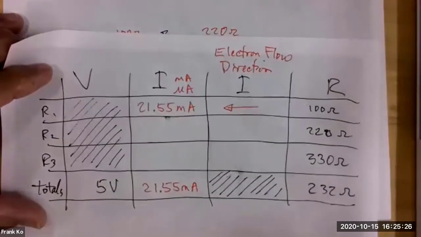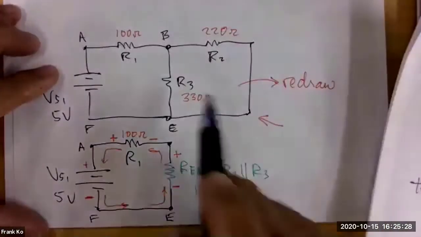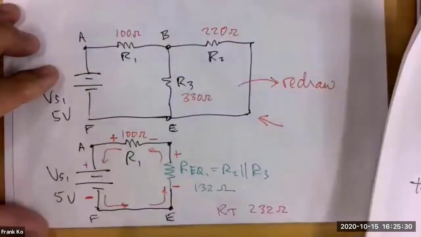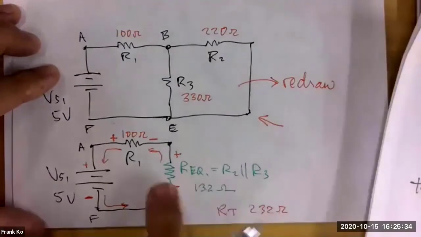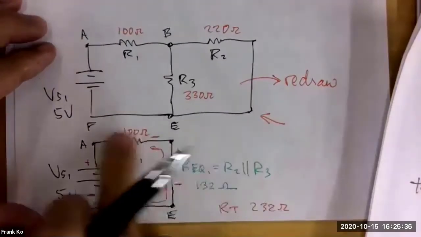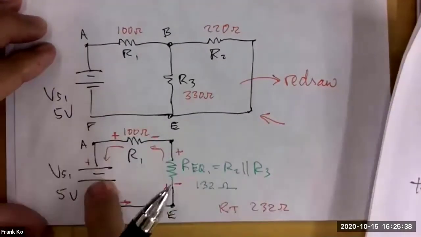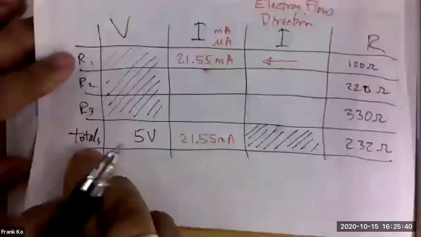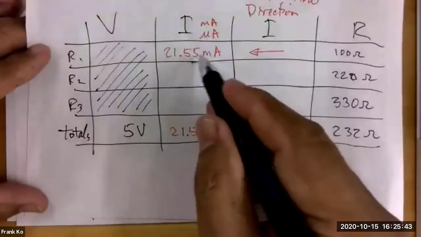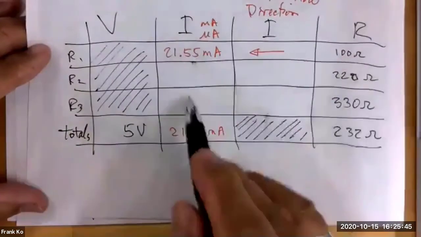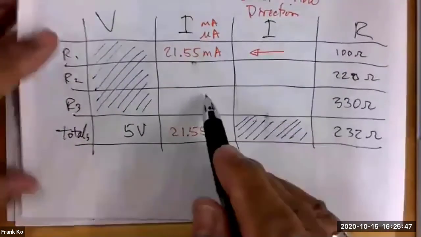Now you're tasked with determining the branch currents of these two and their directions. You've done this before. So what we do, since we've analyzed the series circuit enough that allows us to fill in this cell, and this cell, we now have to work on R2 and R3.